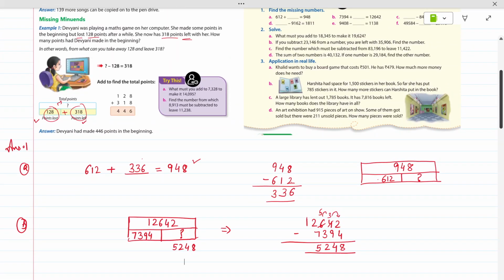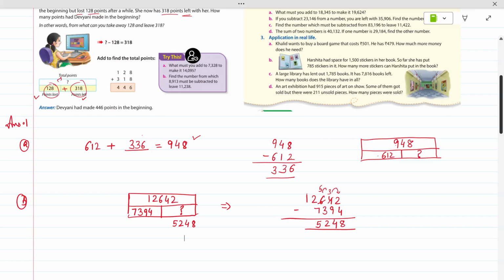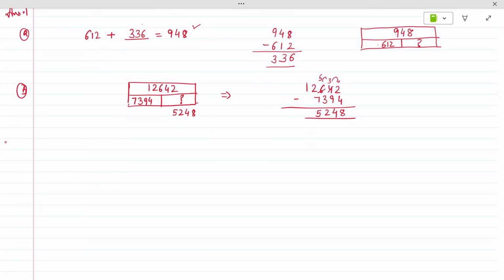C part is, I'm just writing here, dash minus 847 will give me 1238. That means if I subtract 847 from this particular number, I get 1238. So how can we make it in the form of a model?